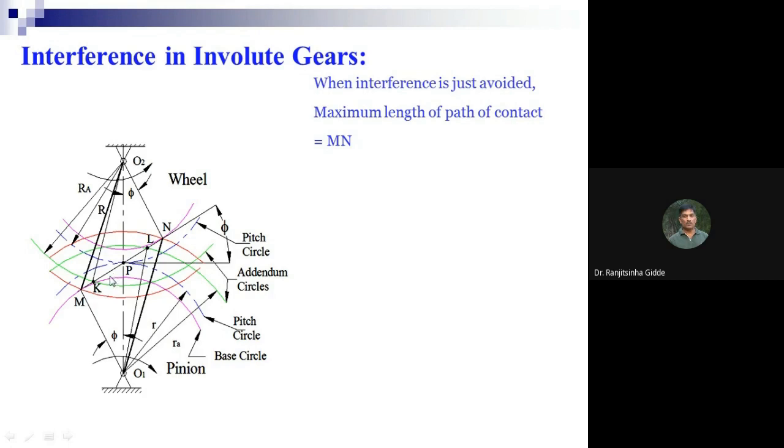Now what I am saying, this is N and this is M. Through this M, the addendum circle of the wheel is passing. Through this N, the addendum circle of the pinion is passing. Those are maximum addendum circles. And this N is the last point, this M is the last point. Beyond this point, if the addendum circle radius is increased, then there will be interference.